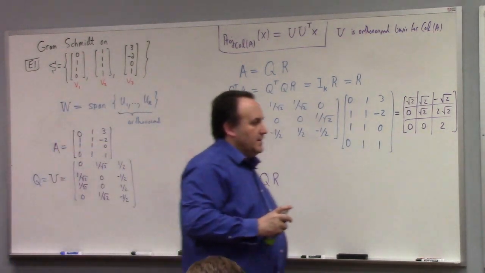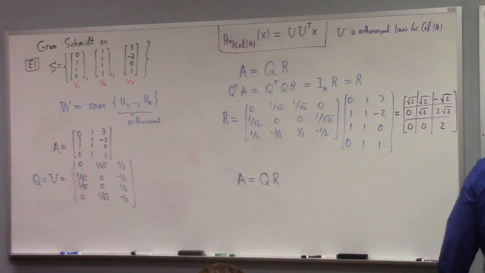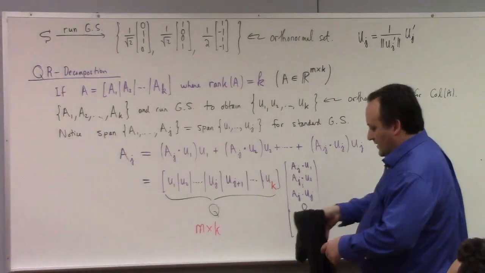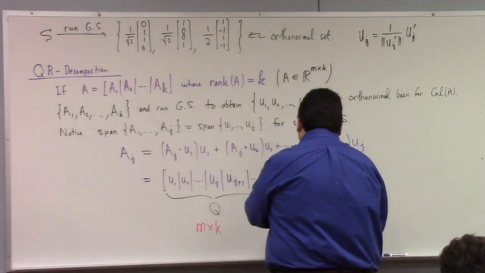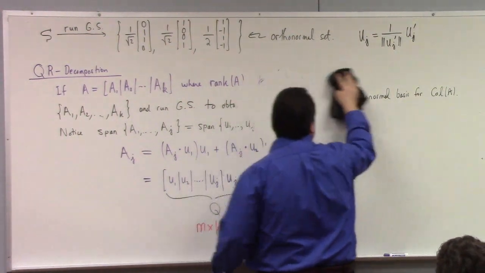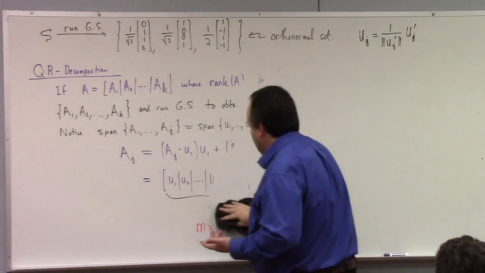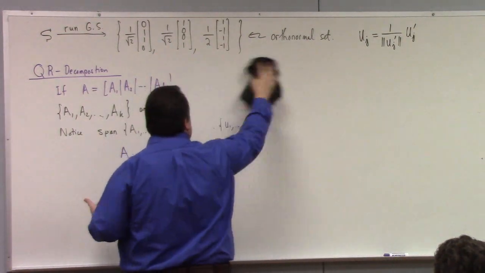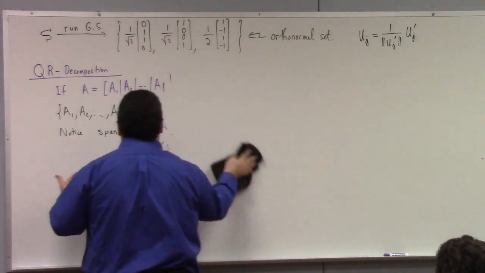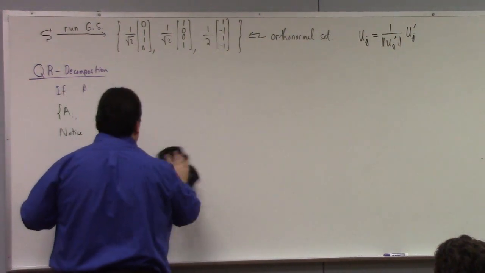I need to circle back here and talk to you guys about the main application. Finding projections onto subspaces is neat, obviously. It's a neat thing to be able to generalize the concept of a normal vector to a three-dimensional subset of R5 or something.